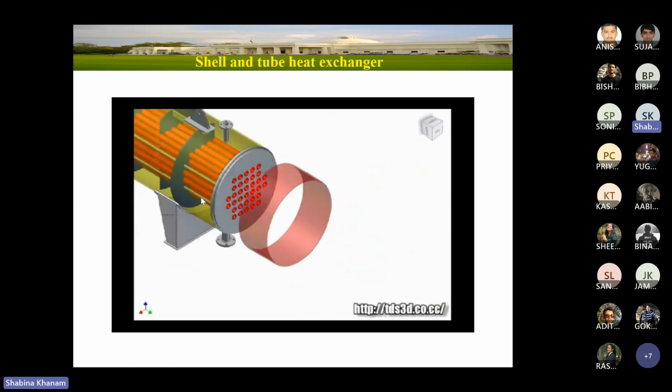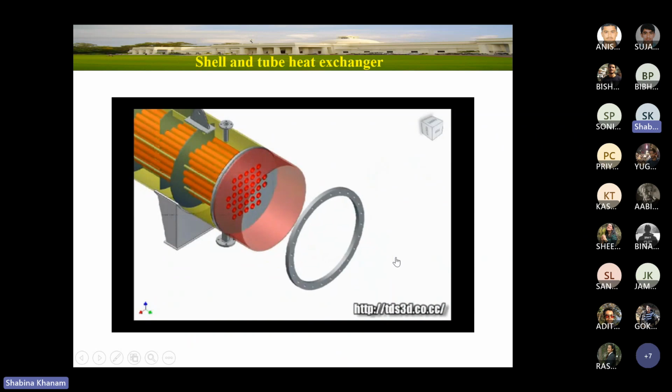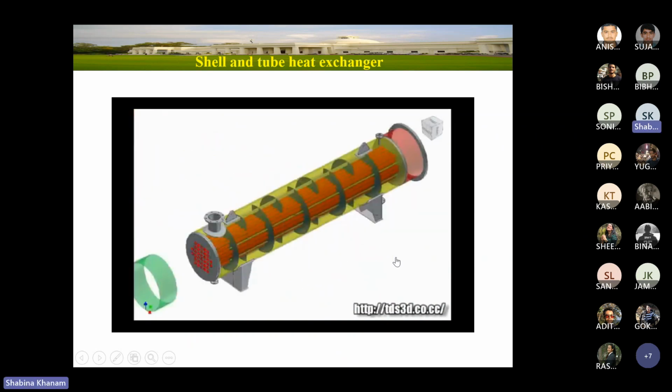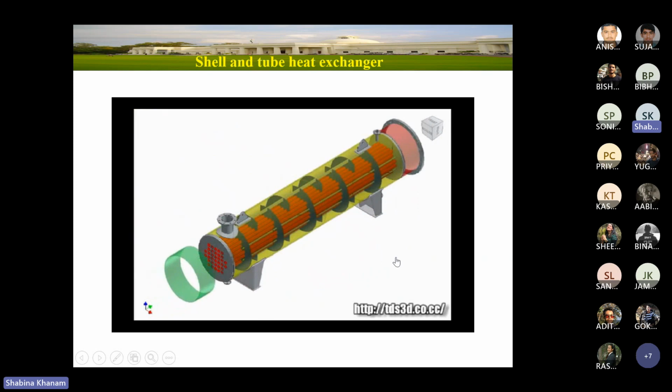Now if you observe, your bundle is already inserted in the shell, and this part we call the cover. So what will happen when fluid is entering the shell? It enters from this nozzle and moves in the shell through the space available between the tubes.